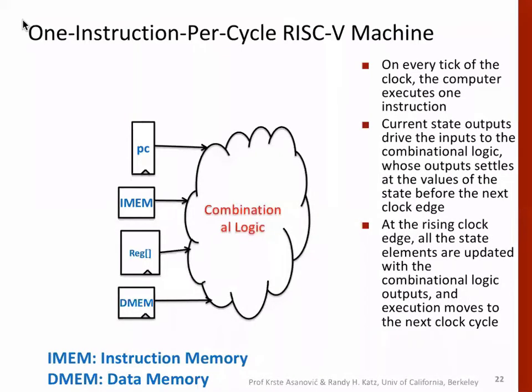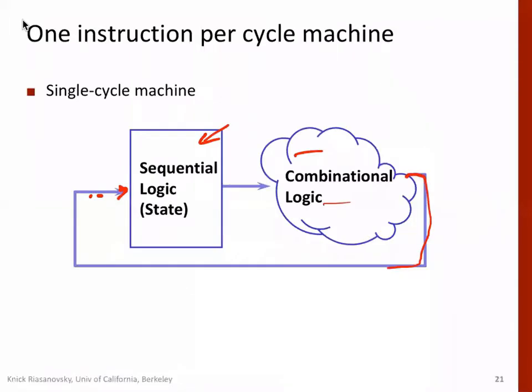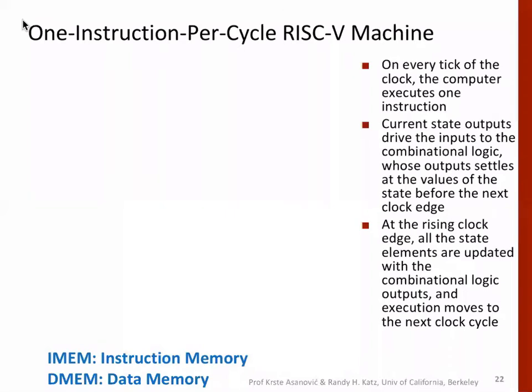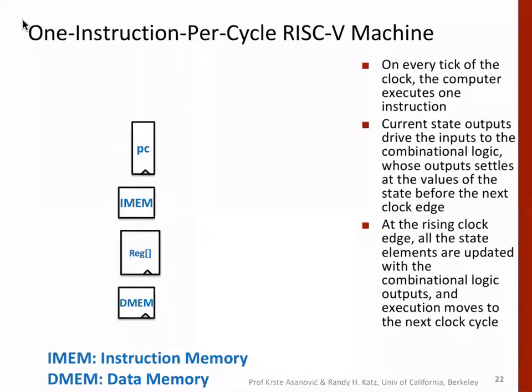We have seen that we have sequential logic for the state components, and the state components that we are going to use here are program counter, instruction memory, data memory, and register file.